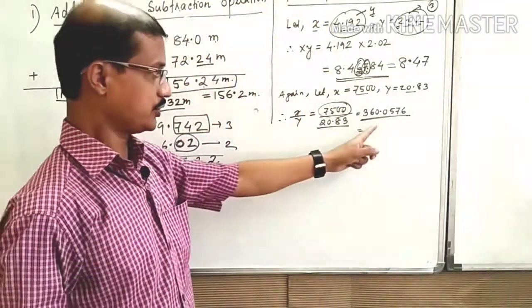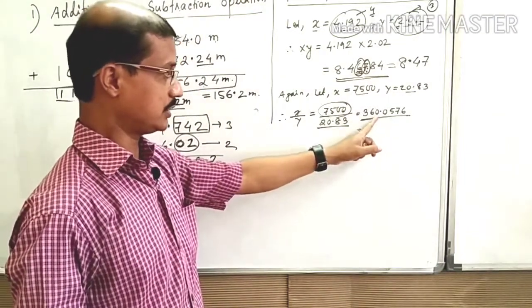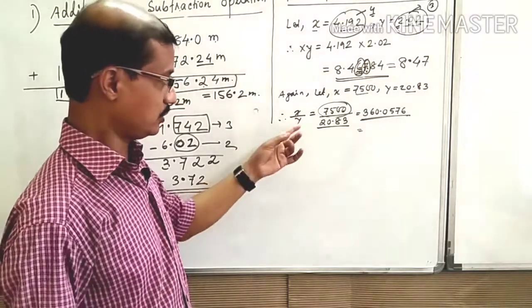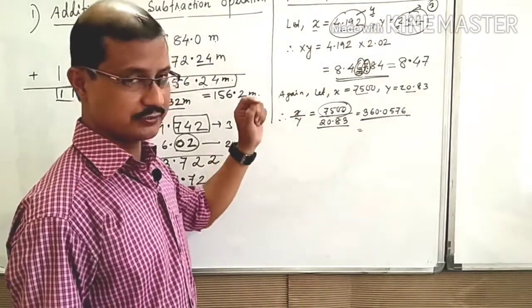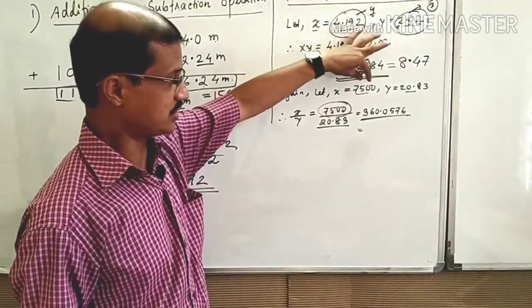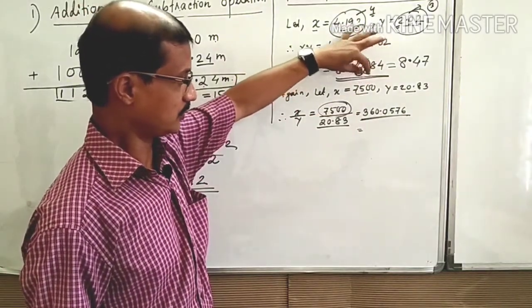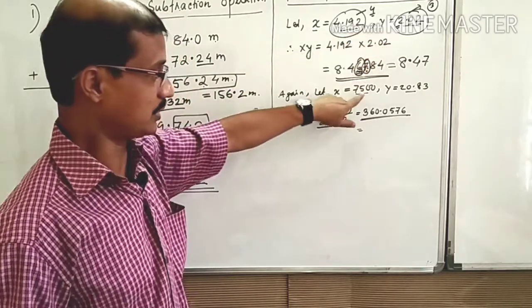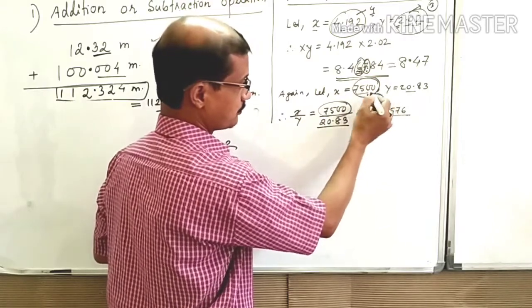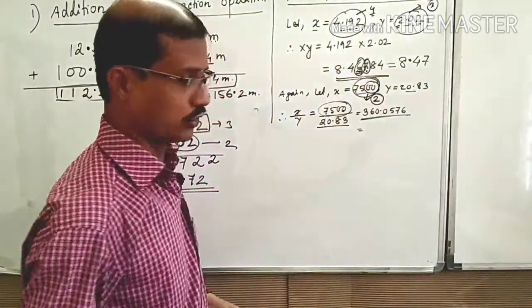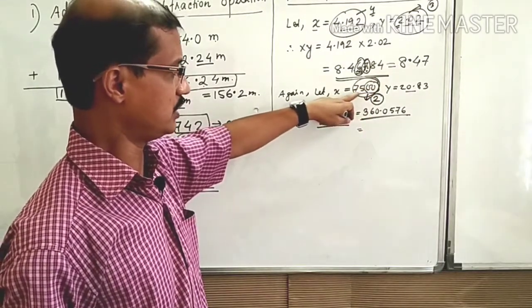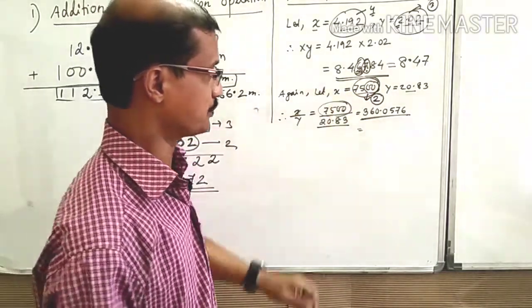Now if we round off this result, we check the lowest number of significant figures. In the first number 7500, the total number of significant figures is 2; these two zeros are not significant. So the total number of significant figures in 7500 is 2.